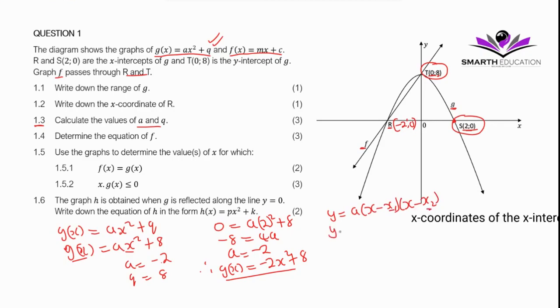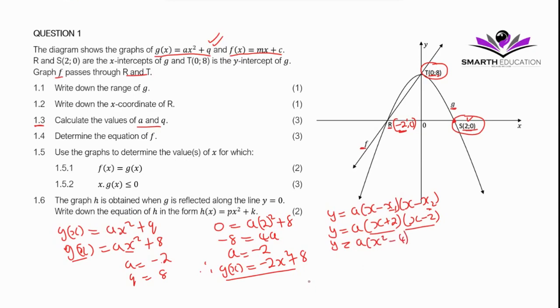So we have y is equal to a, then x minus negative 2, which will give us positive 2. And then here, x minus 2. These two binomials lead to a difference of two squares if you check. So y is equal to a, x squared minus 4, right?